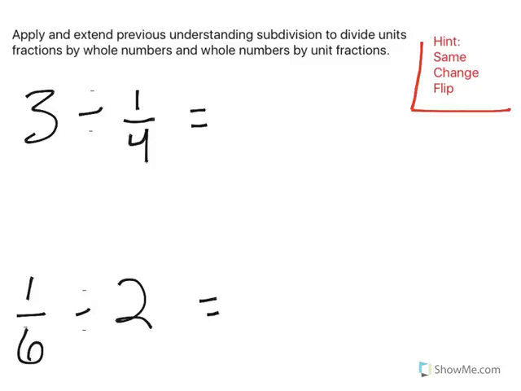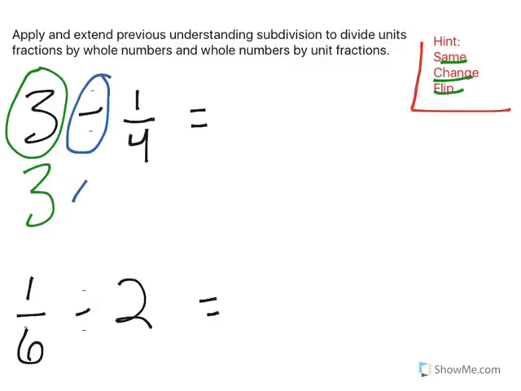So we have to first rewrite our problem. So we have same, change, flip. So we keep this term the same. So we have 3. We change our division to multiplication. And then we flip the numerator and denominator for our right term.